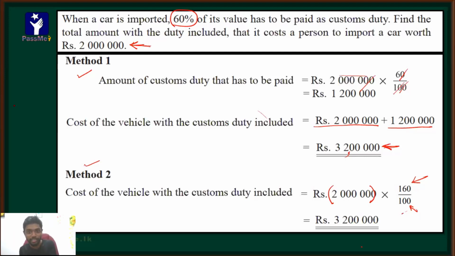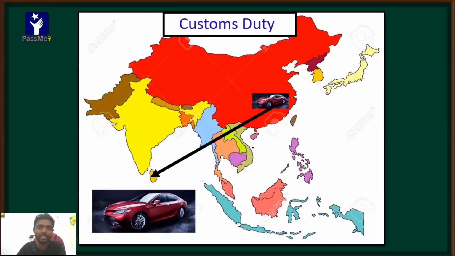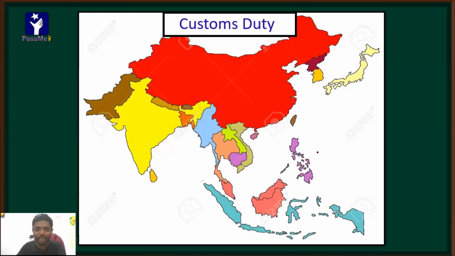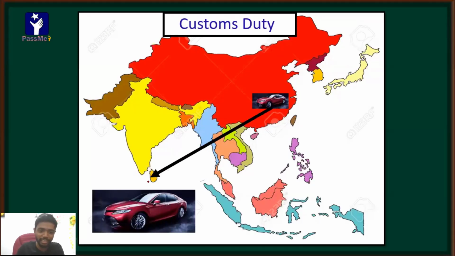When you come to the oral exam, all this physical understanding or practical application is more important. That is why I am using this figure to show that initially the car is located in China, then it comes to Sri Lanka, and the custom duty should be paid to the government, and the value of this car goes up.